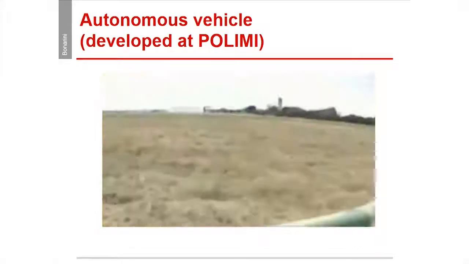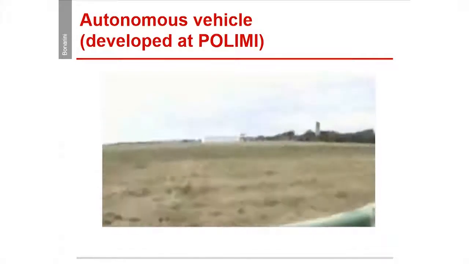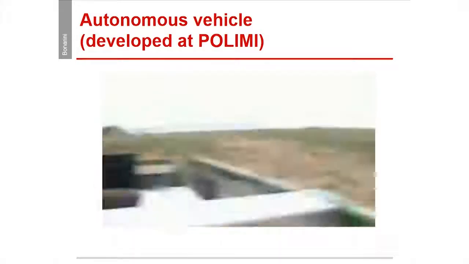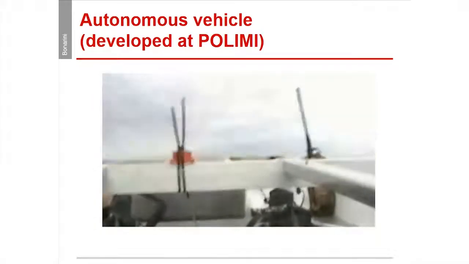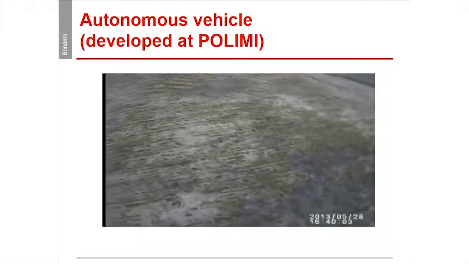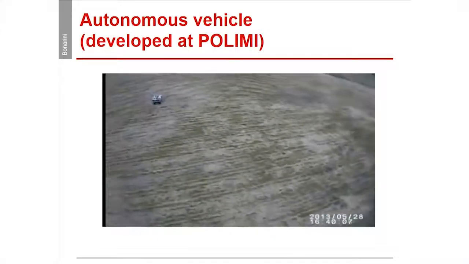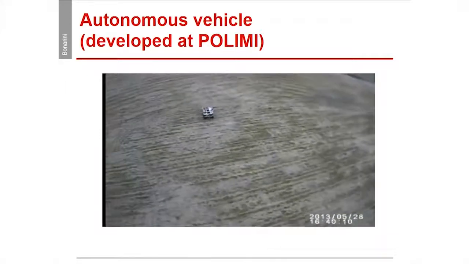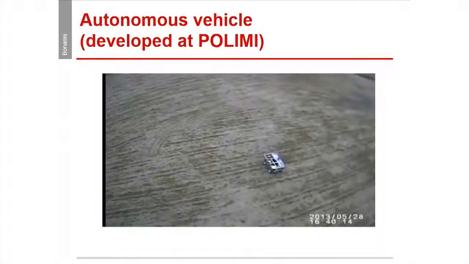So you can launch the quadricopter and see from the quadricopter what happens, and it also has a camera on board. But everything is done autonomously. You can take the control of the vehicle, but it is able to reach a target by deciding its own way. And this is the vision from the quadricopter.